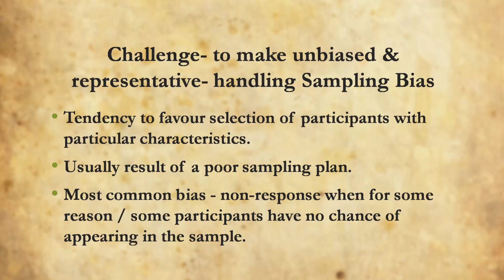The third one is where we see that there are a lot of non-responses from the respondents, and that could be for various reasons. Maybe the participant has no chance to appear for the interview, or maybe the participant is not available when we are trying to approach them to conduct our study.